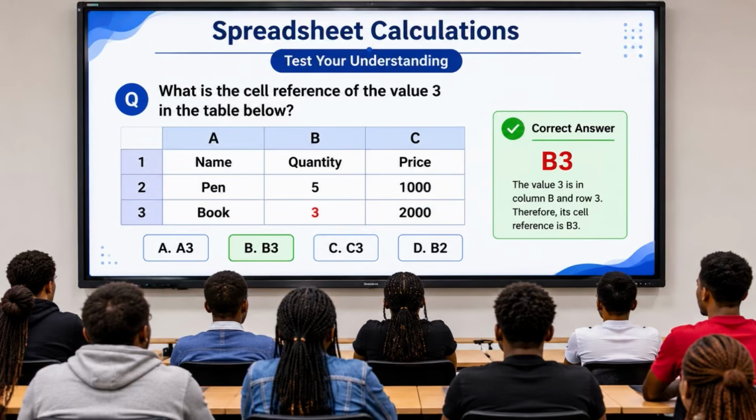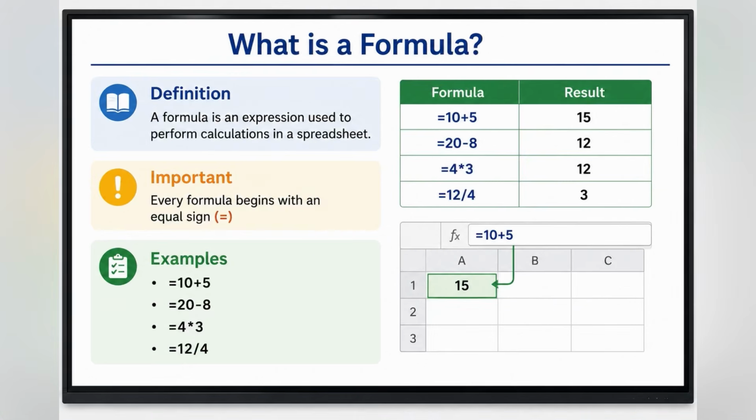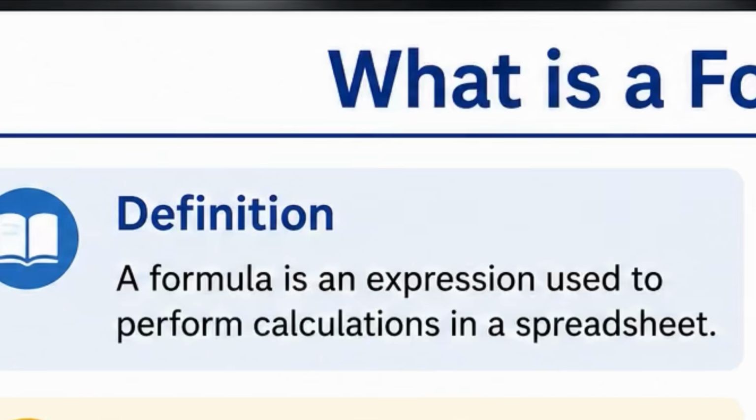Now that we know how to identify cell references, let's learn how to use them in formulas to perform calculations. Let's learn about formulas. A formula is an expression used to perform calculations in a spreadsheet.